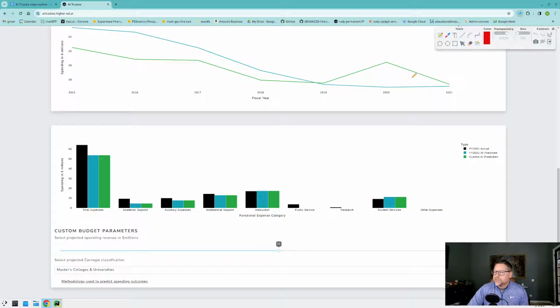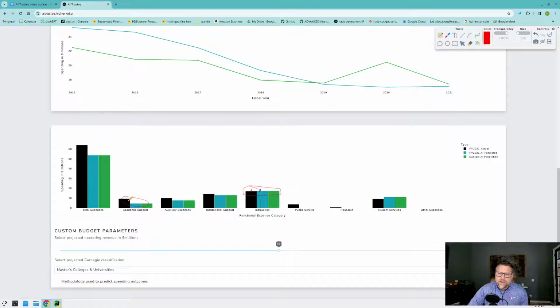So again, one of the issues that I was trying to point out when I was working with Mills is that a lot of what they flagged as some of their spending problem was in the instructional category. But you can see the AI says, hey, the instructional spending at Mills looked pretty good, right? Their actual spending, the black bar, is actually really close to their predicted spending on instruction. It's the other categories that were the problem, right?